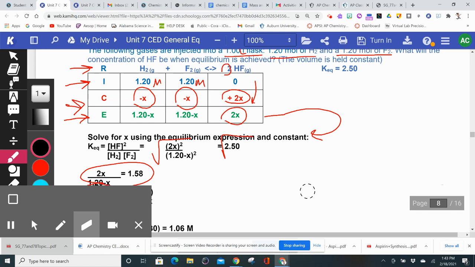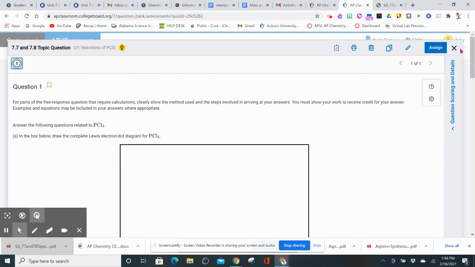Make sure that you've been through all of the ed puzzles. Those will be a big help to you. Make sure you've been through all the topic questions. And like I said, I'm pretty sure I have progress checks assigned in AP Classroom.